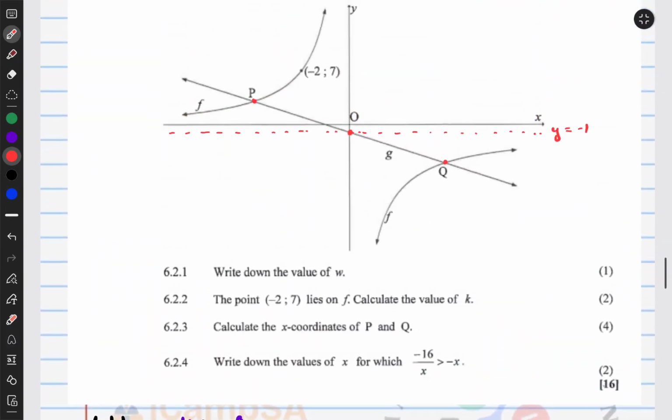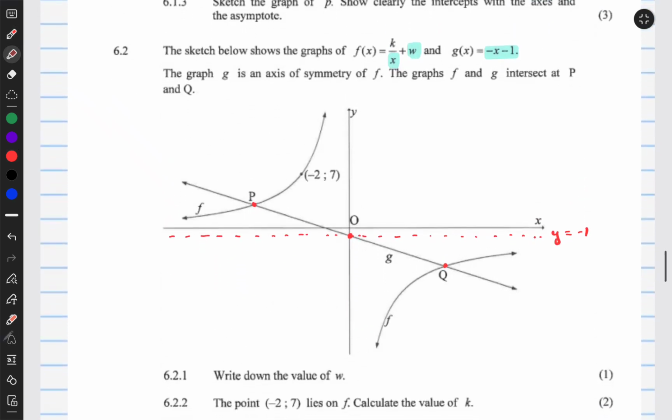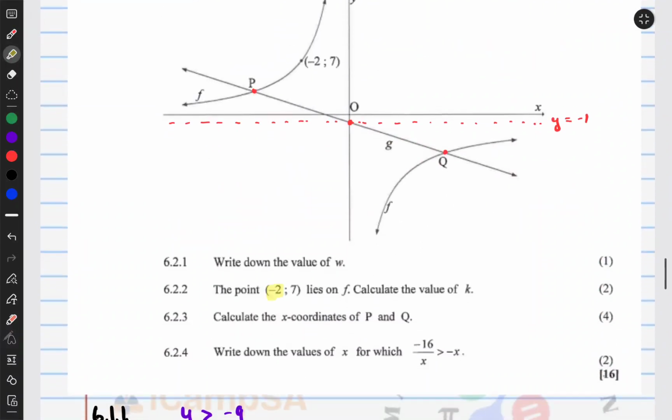6.2.2, the point (-2, 7) lies on f. Calculate the value of k. This is a hint that we have to use these coordinates.